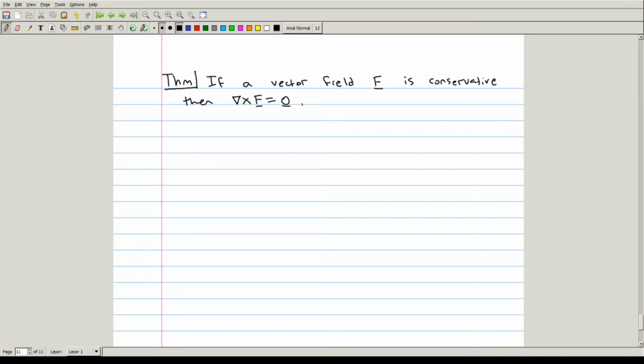This is a huge theorem. Again, we need to impose smoothness assumptions here, right? F must be smooth enough. I'll be a little bit more specific with that as we go through and prove this theorem.